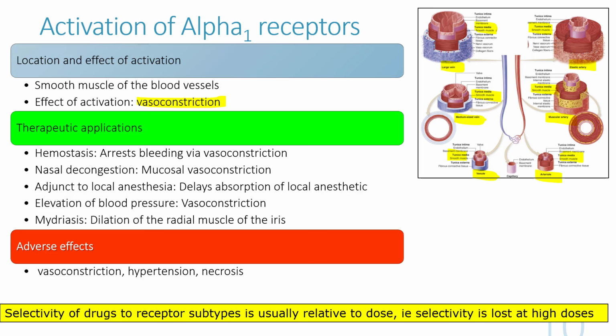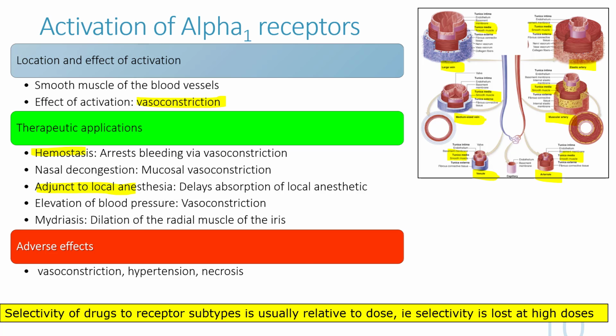With hemostasis, if there's localized bleeding and you want to stop that bleeding, then alpha-1 receptors are good. And on that note, as an adjunct to local anesthetic, a local injection of epinephrine is often given as well, and that basically slows the absorption of that anesthetic into the general systemic circulation.